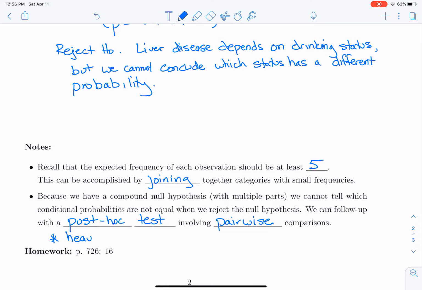If you do that, you would see that heavy drinking is different statistically from moderate and non-drinking.